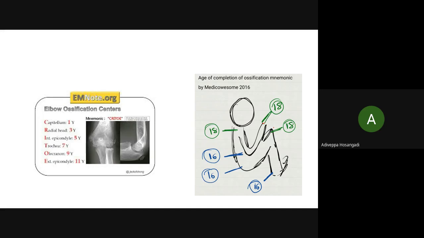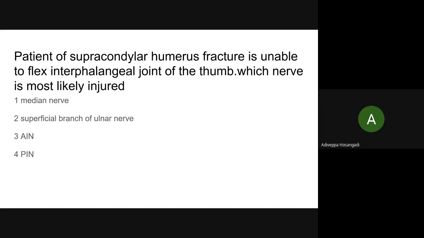Okay. Yes, sir. A patient of supracondylar humerus fracture is unable to flex the interphalangeal joint of the thumb. Which nerve is most likely injured? Anterior interosseous, sir. Very good.